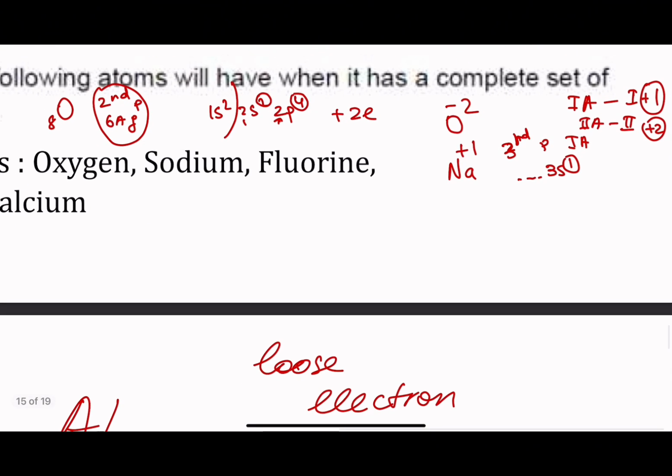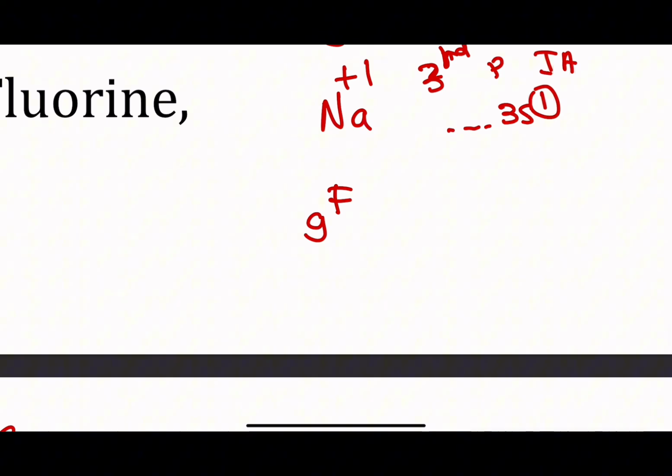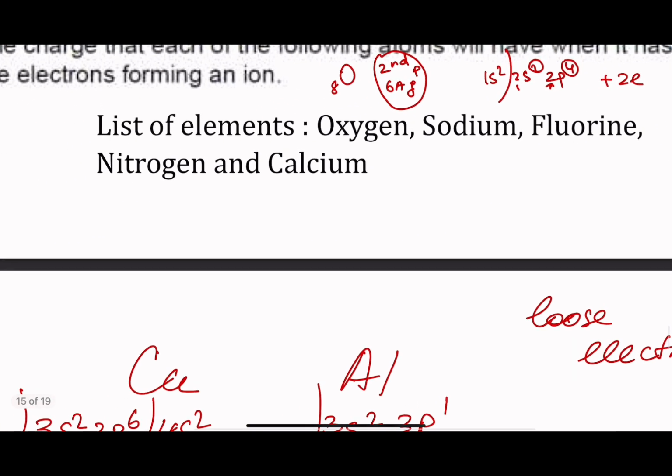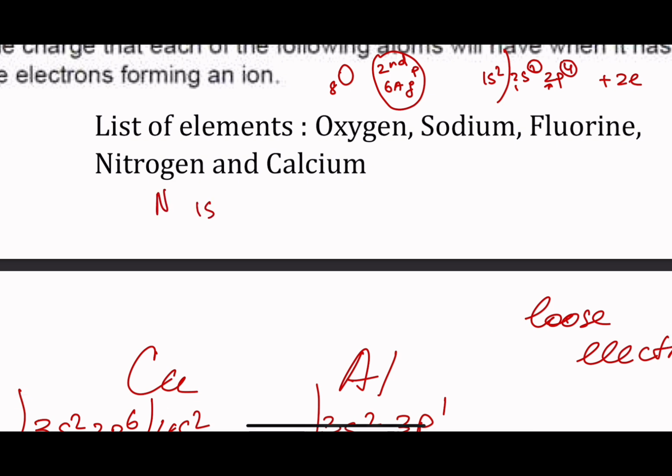Now, fluorine, if you write the electronic configuration, it is 9. I'm not going to find it through the period and group, but just write the full 1s2, 2s2, 2p5, right? Now, in order to complete the second shell, I need to add one electron, which makes the charge -1. And nitrogen, if you write 1s2, 2s2, 2p3, in order to complete the octet you need to add 3 electrons, so nitrogen will be -3.